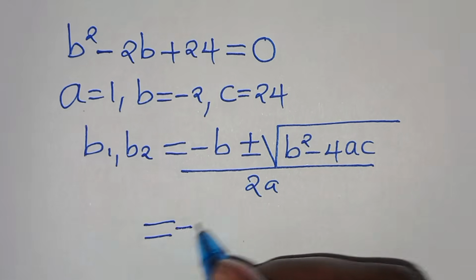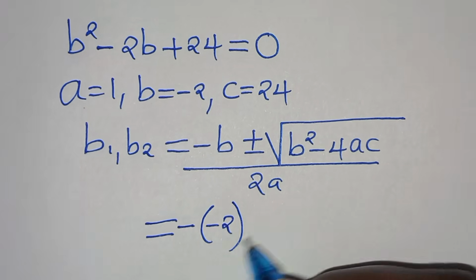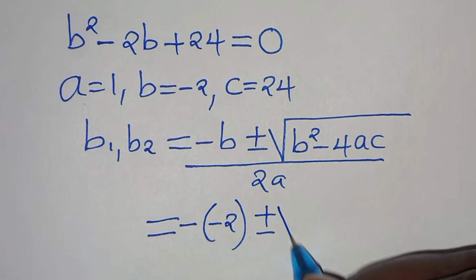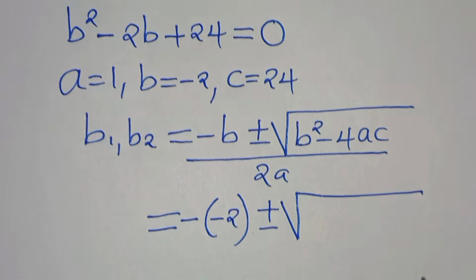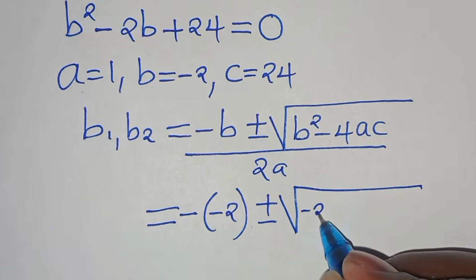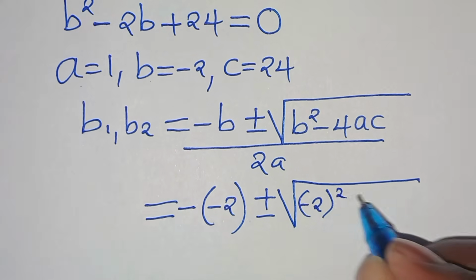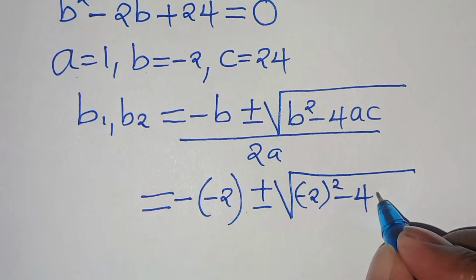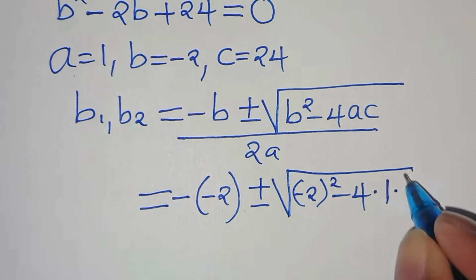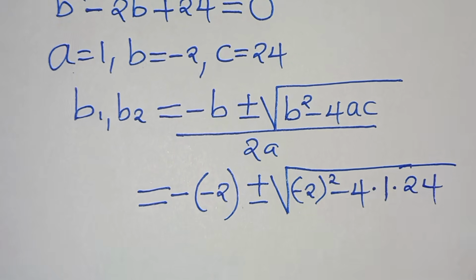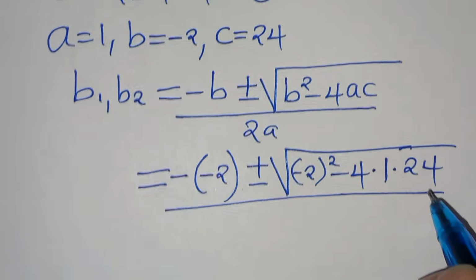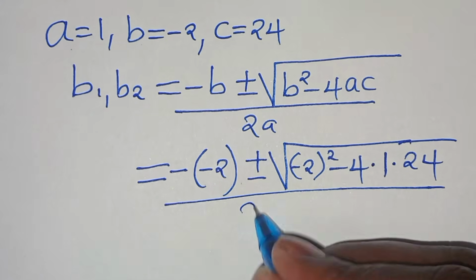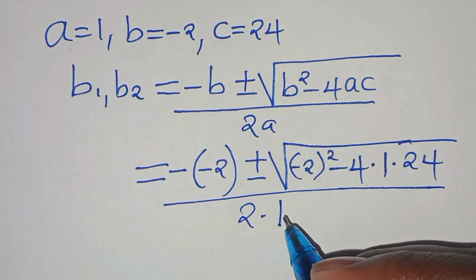So this is minus 2 plus or minus. We have the square root of minus 2 raised to the power of 2, then subtract 4, multiplying by a, which is 1, then multiplying by c, which is 24, everything here divided by 2 multiplying by 1.